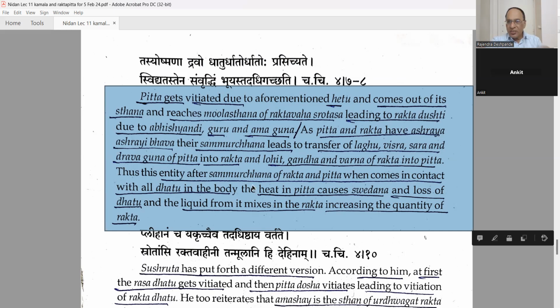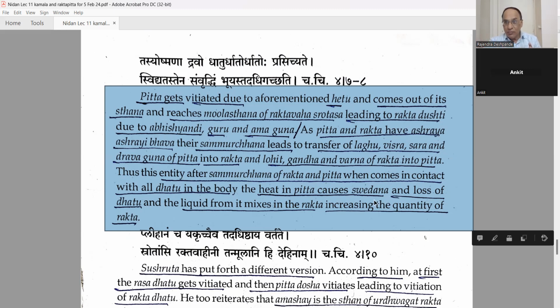This entity after Sammurchana of Rakta and Pitta, when comes in contact with all the dhatus in the body, what will happen? Heat of the Pitta causes Svedana. Perspiration, sweating, but Svedana is another way. Dhatu, their metabolism is unnecessarily, unwantedly stimulated. That is called as a Svedana at the Dhatu level.